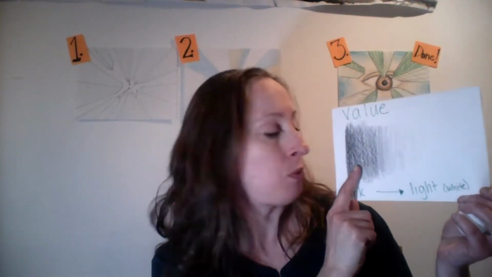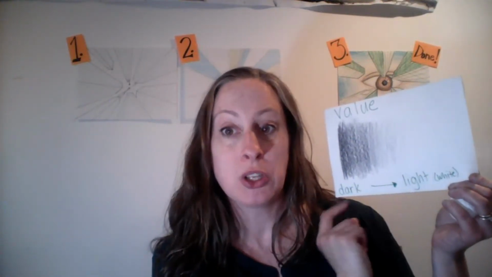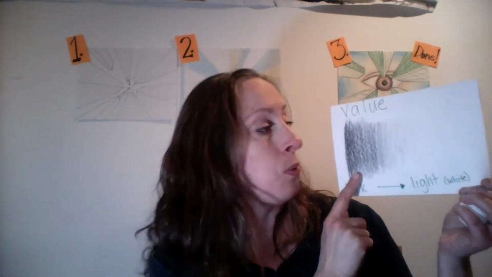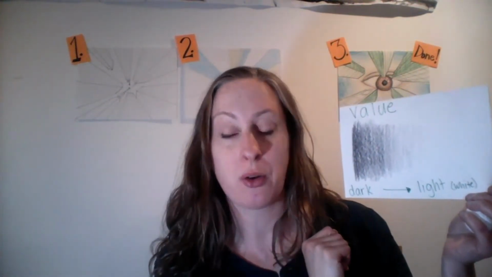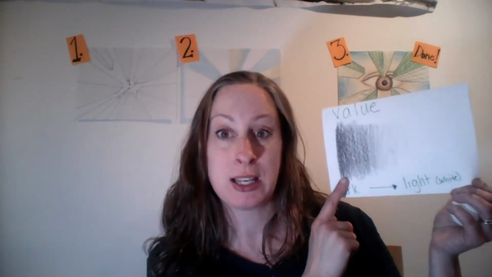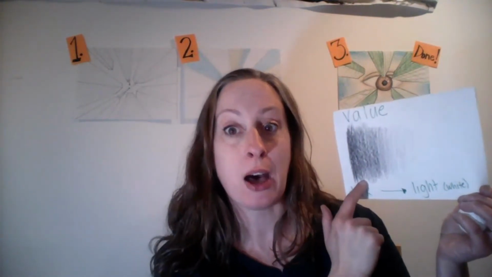So it goes from really, really dark, and it gets lighter and lighter and lighter gradually. So what we could do in order to make that dark, dark value is we can press really hard with our crayon or our chalk, or we can blend colors together that would be really dark together. We can color a lot more in the dark value area.